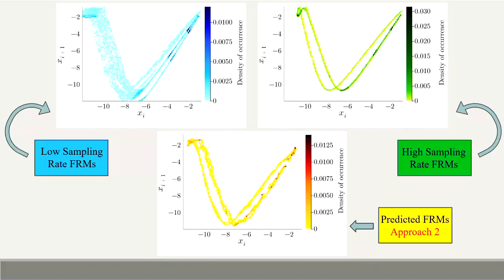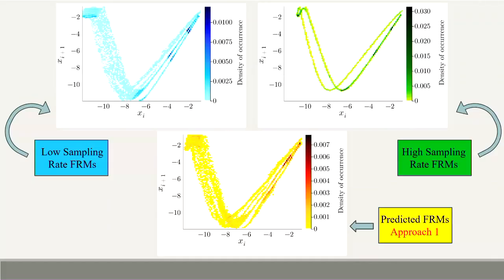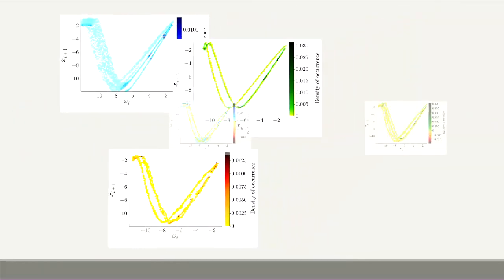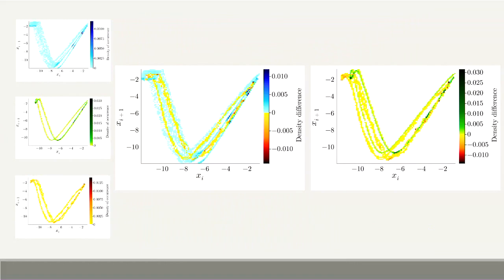If you compare it to this one, this is when I model the flow first and then put the ordinal section, and this is when I model the map directly and predict it. Comparing them, I can see that even without having access to the high sampling rate data at all, the modeling that I made from the discrete map points can somehow give me the shape of the high sampling rate map, which I didn't use at all as reference data.